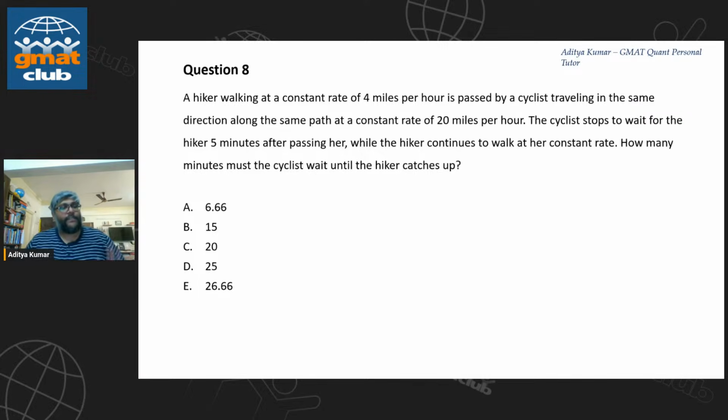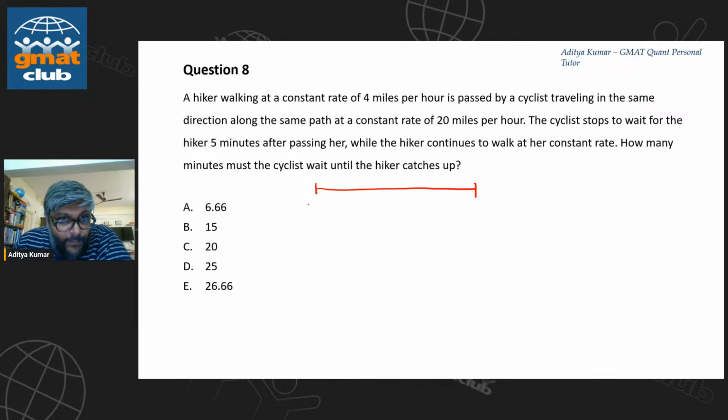I'm the hiker, I'm walking, the cyclist passes me, and we both move for 5 minutes. After 5 minutes, the cyclist stops. Obviously, the cyclist is ahead, and the hiker continues to move. The question asks how many minutes must the cyclist wait until the hiker catches up. So let me first visualize this.